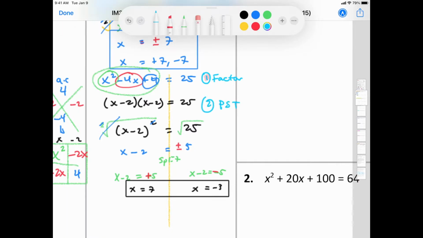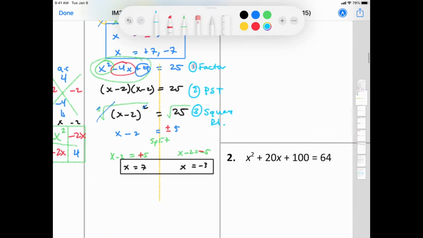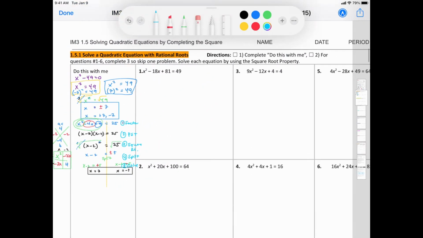Parentheses, and then you have quantity 2, and then we took the square root, and then we did split, and then we solved. Okay? All right, so we've completed that one.